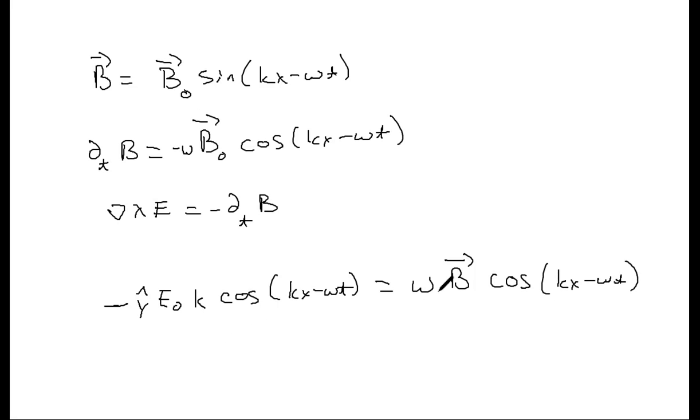Equating both sides tells us that the polarization vector for B, the magnetic field, must be the magnitude of the electric field times the wave number divided by the frequency times y hat.